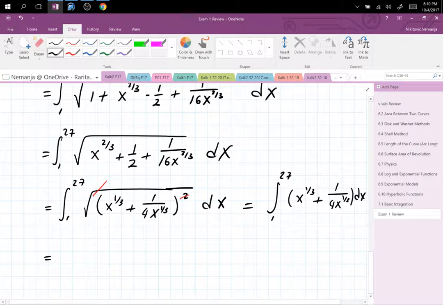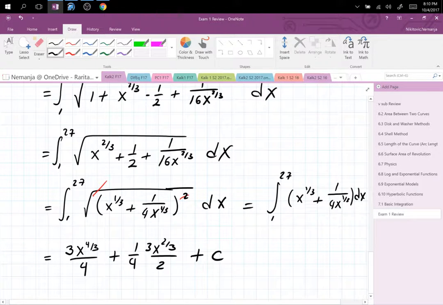Now the integral for this, we get plus 1, right? So we have x to the 4/3 divided by 4/3, and then I put thirds up because the double fraction will eventually bring that up. Plus we copy 1/4, and we have x to the 2/3 divided by 2/3, because negative 1/3 plus 1 is positive 2/3.